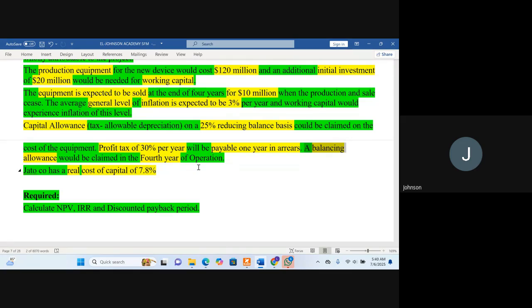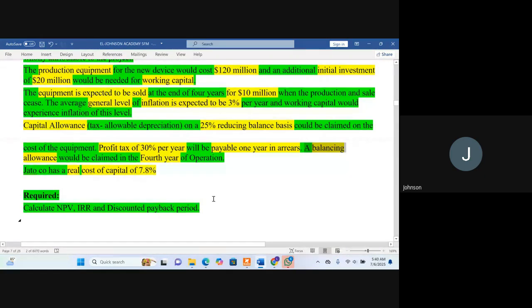In that case, you note that you need to go and calculate your capital allowance.